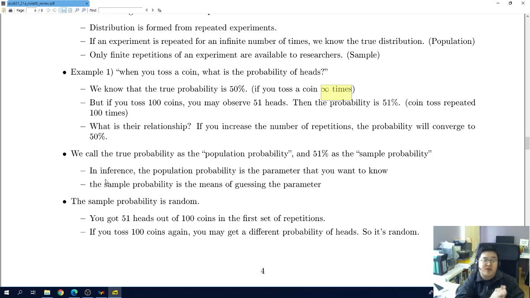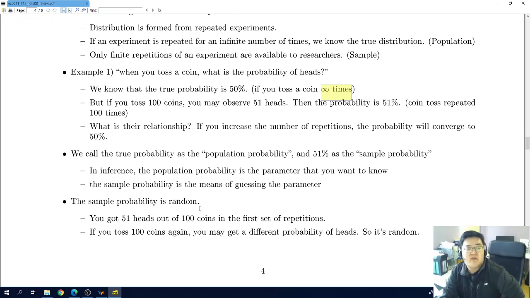That's the parameter. That's the basic setup in inference. So it's important to distinguish what you don't know, what you want to know, and what you are using to guess the unknown. That's the very basic thing to understand in statistical inference.